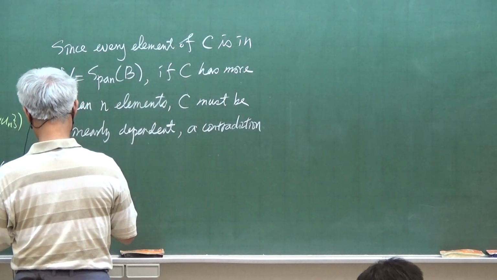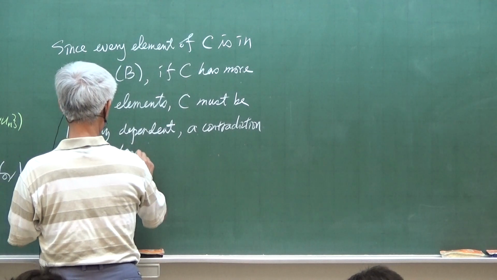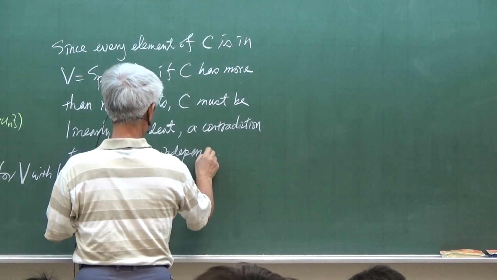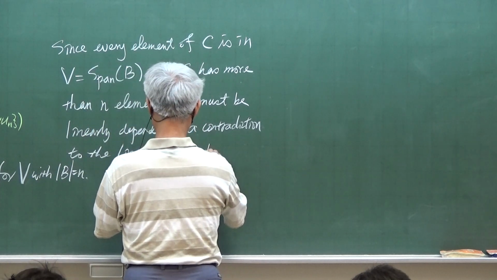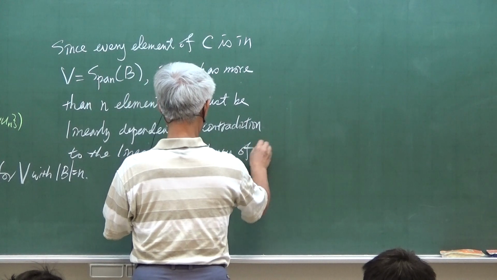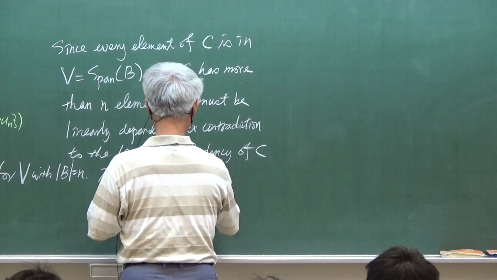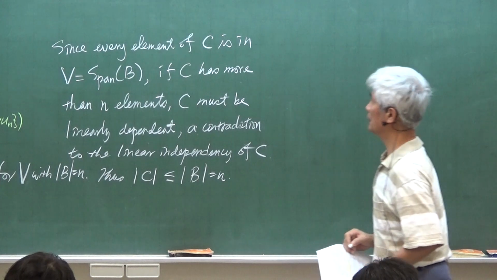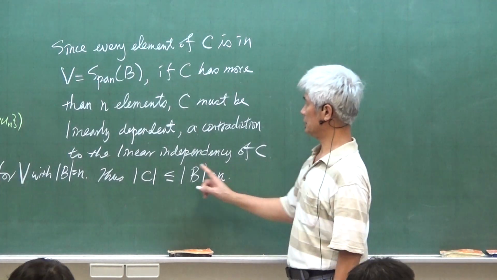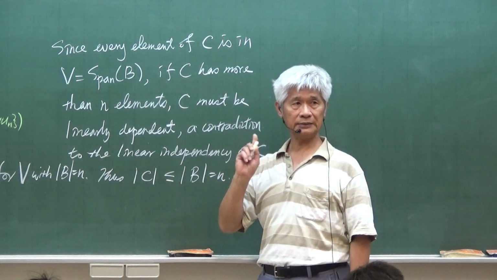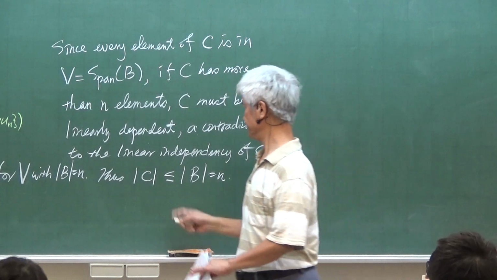So that's the contradiction to the linear independence of C. So the size of C would be less than or equal to the size of B. Alright, so now we know C is a finite set. Okay?